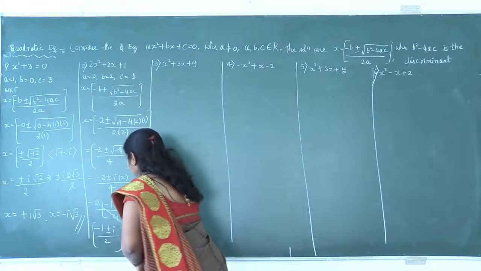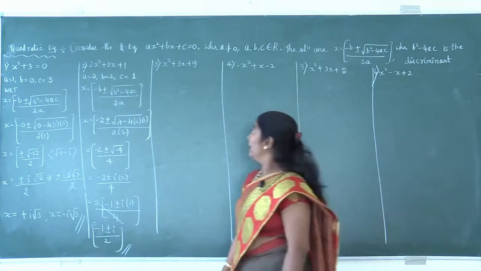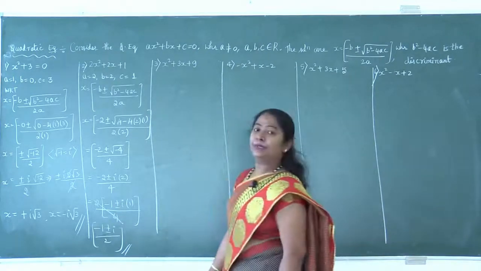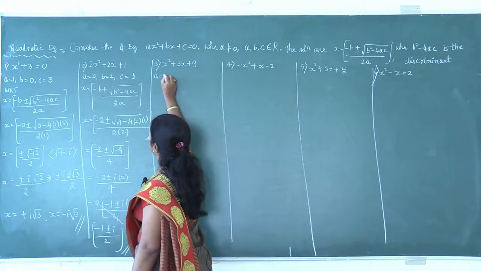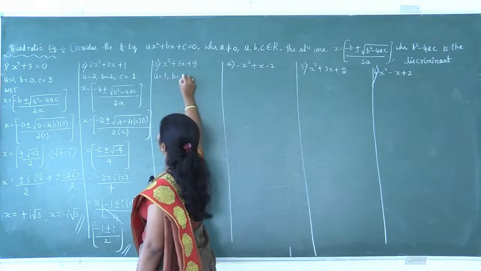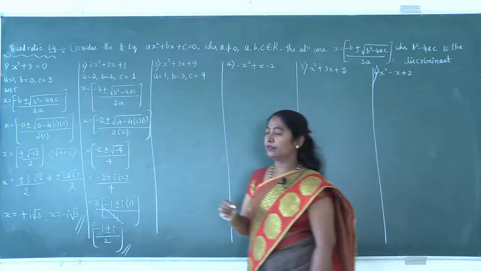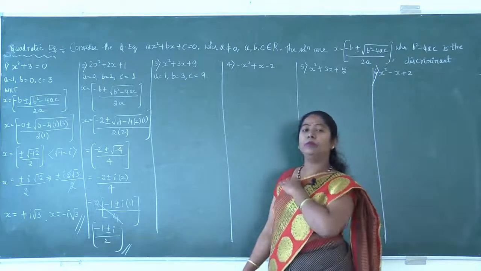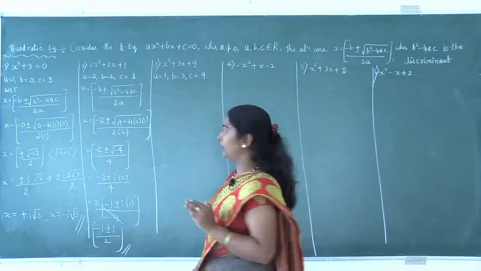Next, moving on to the third problem. x squared plus 3x plus 9. What is a equal to here? a is equal to 1, b is equal to 3, c is equal to 9. What is the formula? x is equal to minus b plus or minus root of b squared minus 4ac by 2a.